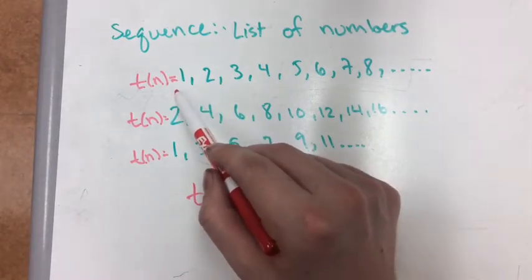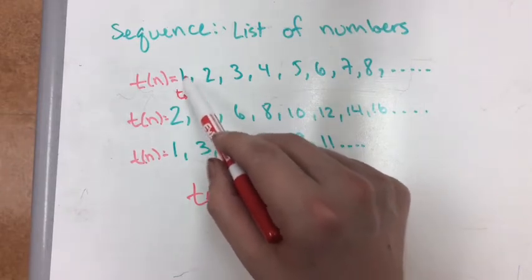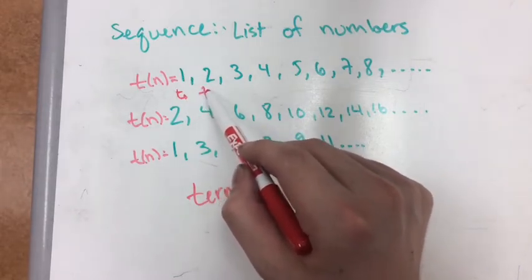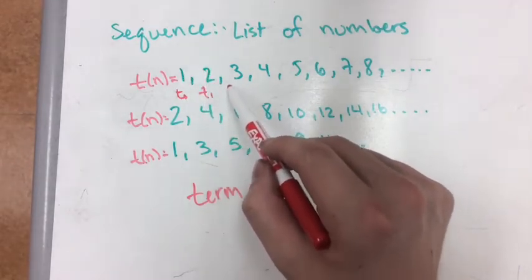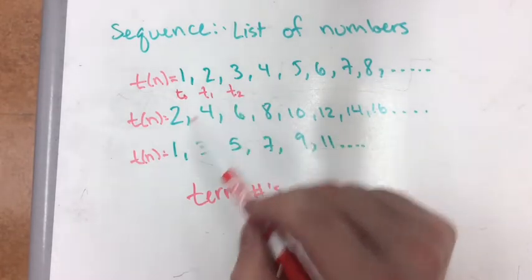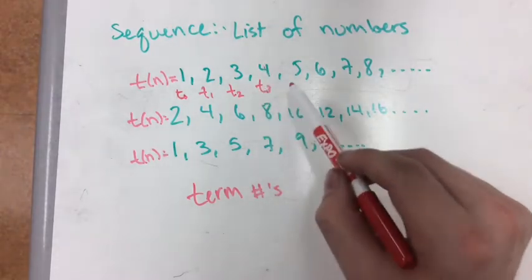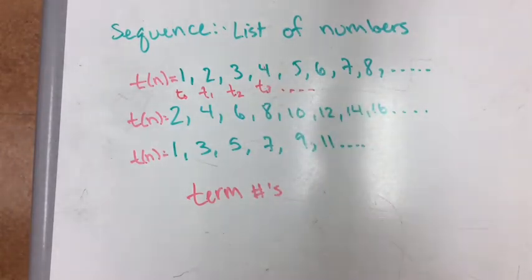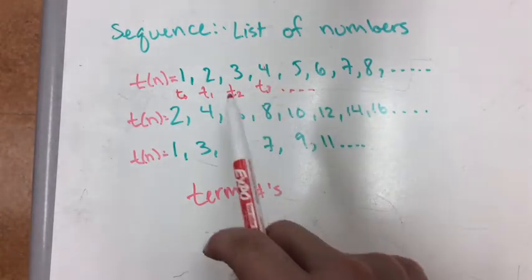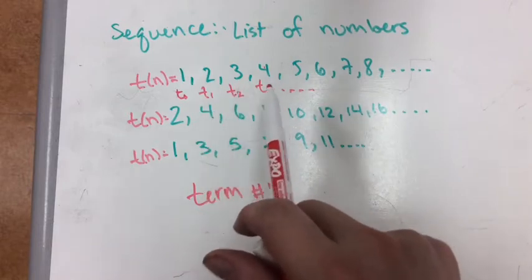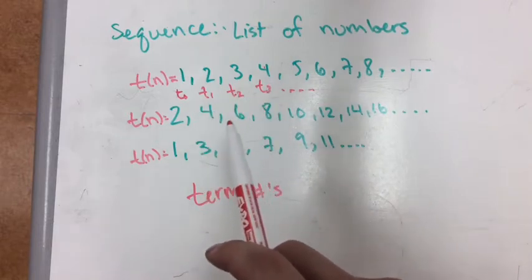So here, this is t0, the 0th term. 2 here would be the first term. 3 here would be the second term. 4 would be the third term, and so on and so forth. So when we're talking about term numbers, we're talking about where on the list they are.